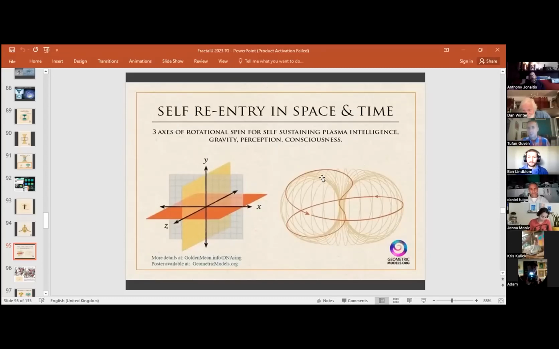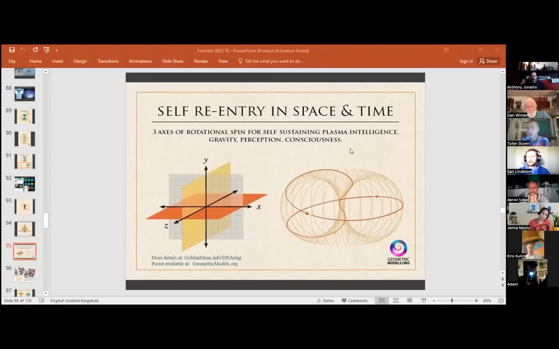And these are the 3 axes of rotational spin for self-sustaining plasma intelligence: gravity, perception, consciousness. Now, our point is the reason why plasma fields chose to manifest themselves in this profound toroidal form is because they had to find a self-sustaining, self-organizing recursive geometry to optimize their survival energy.